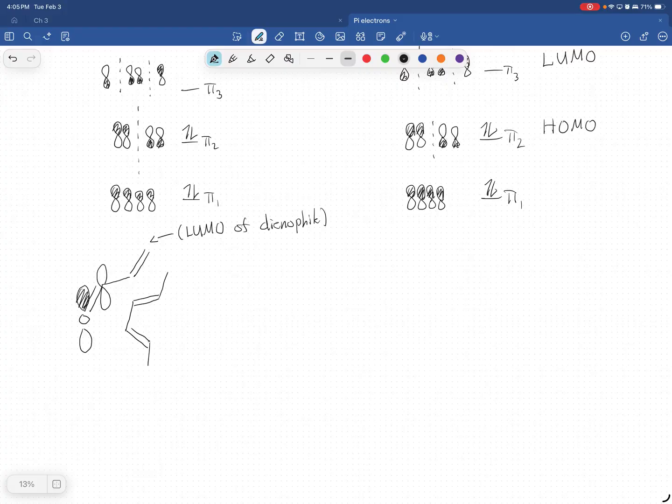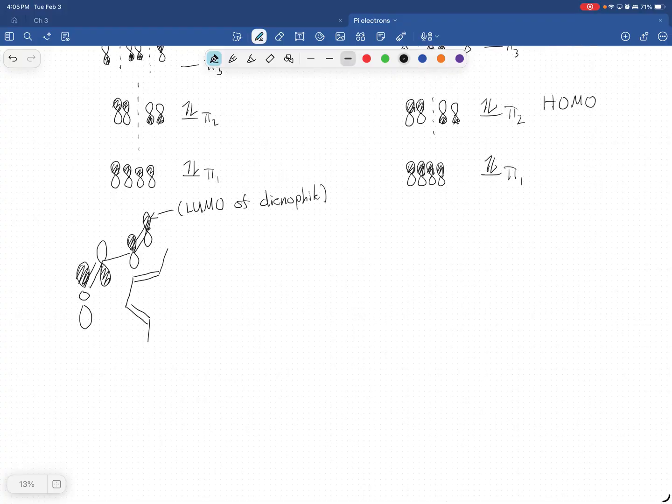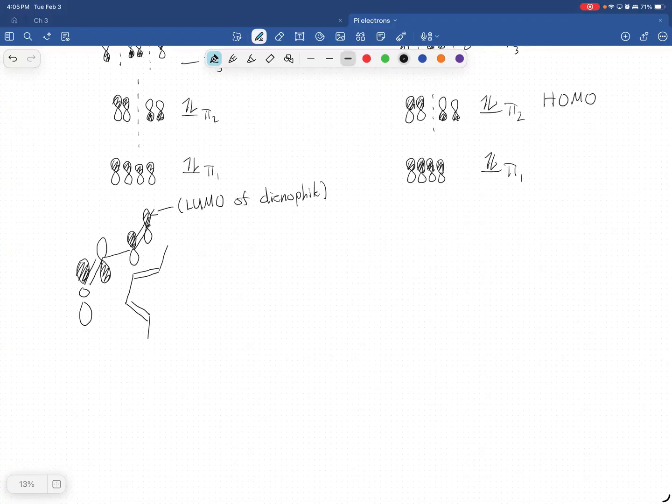See how the p orbitals are kind of aligned here? And you see that they have different shadings to indicate that only a particular orbital of the other reactant can interact with it. Okay? So that's the LUMO of the dienophile.